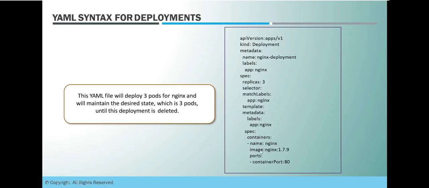Then the image from which this container will be fetched and run. Then the port, if this pod needs to be exposed on a port, because Nginx needs to be exposed and accessible outside on port 80 or any other custom port you want. So this ports mapping also needs to be mentioned here in the pod specification inside the deployment file.